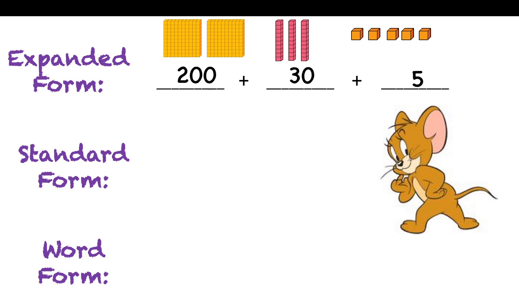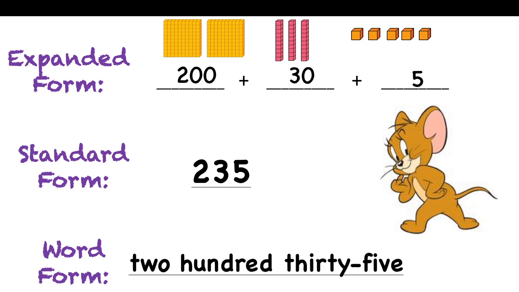When we take the first digits of every number, we will get the number 235. 2, 3, 5. And how do we write it in the word form? Like this: 235. Between the tens and ones, we usually put a dash.